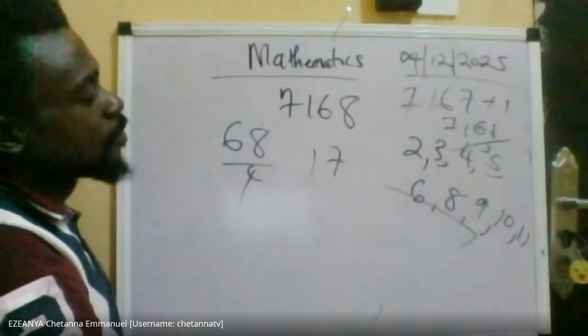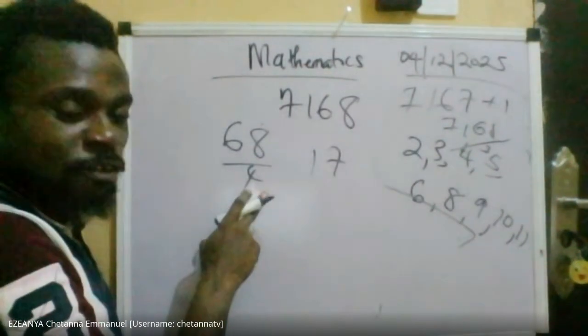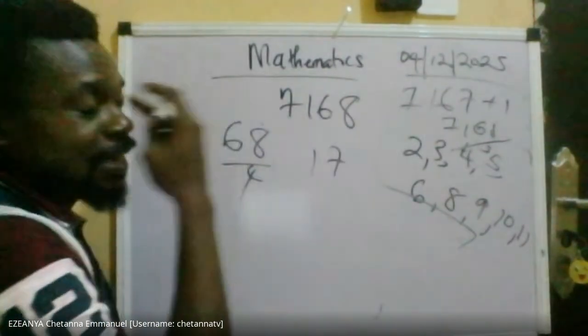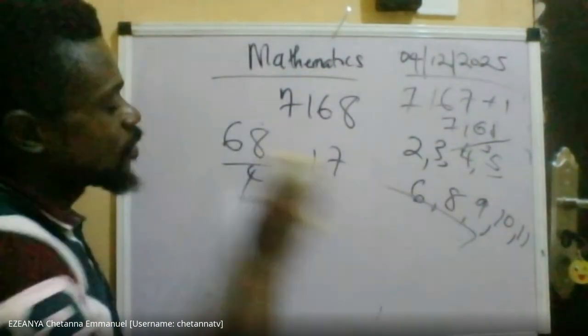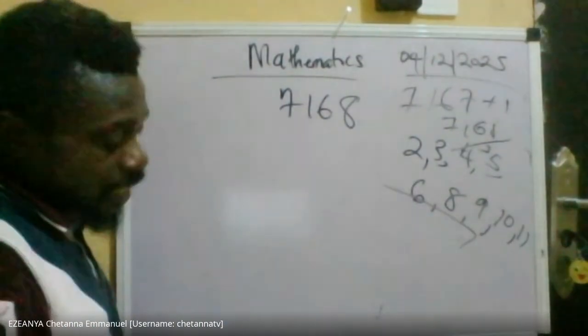So, by this rule, since 68 is divisible by 4, that means this number is divisible by what? 4. This number is divisible by 4.